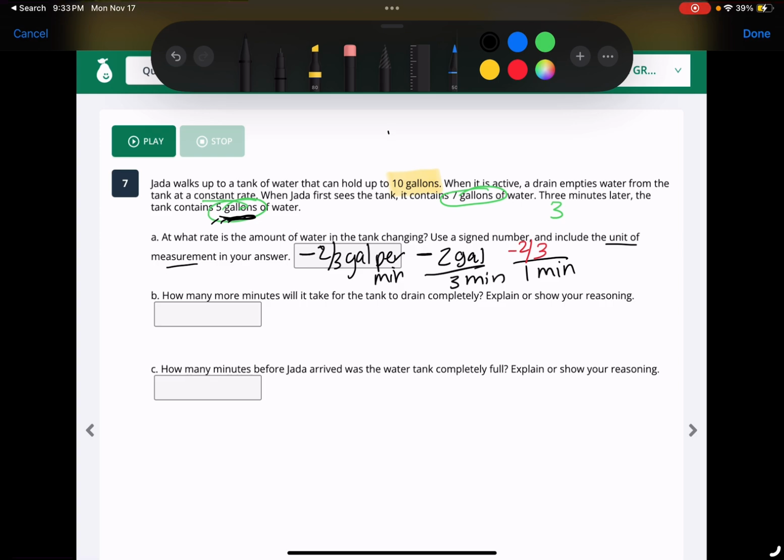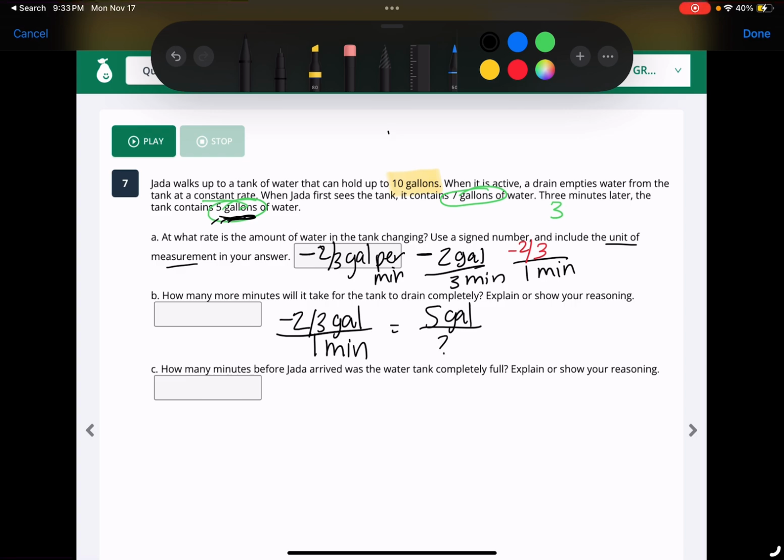And we know that we currently have negative 2/3 gallons in 1 minute. And we need to get to 5 gallons, and we don't know how many minutes.